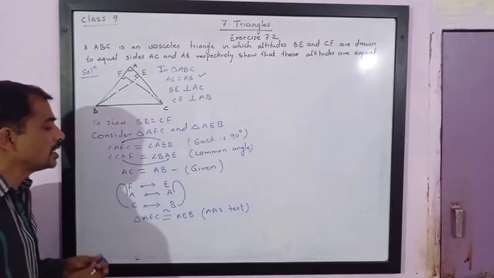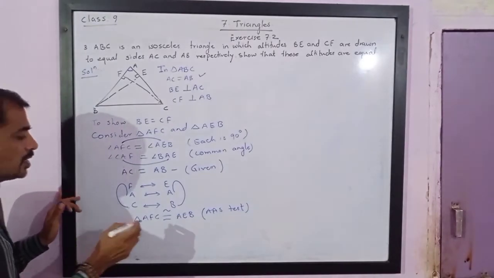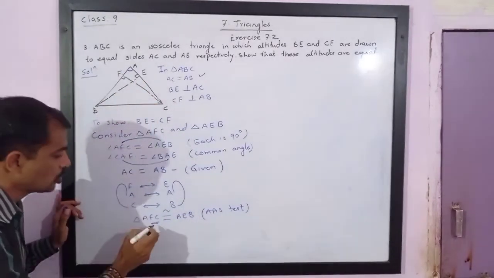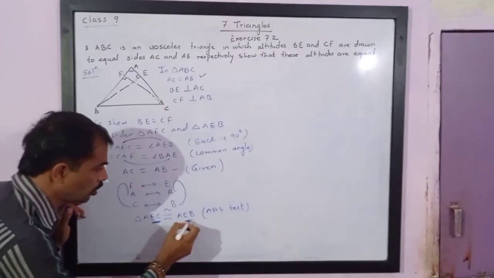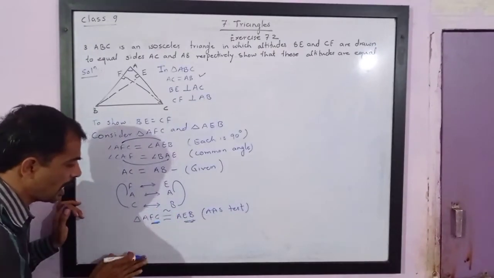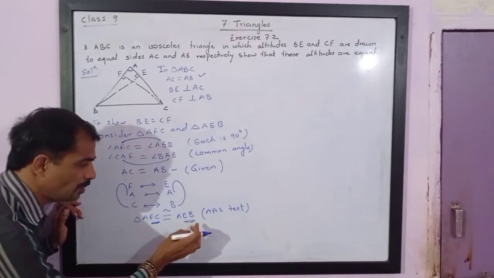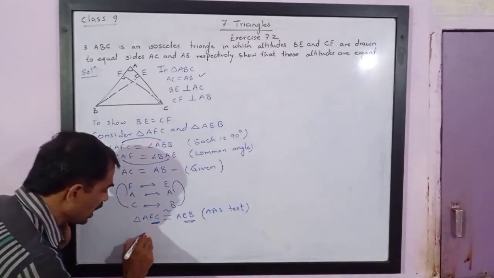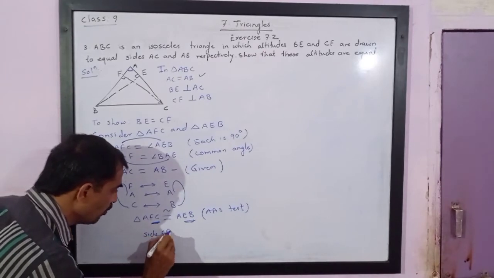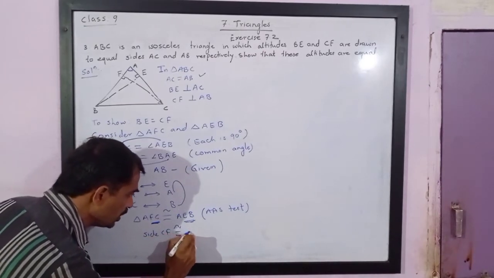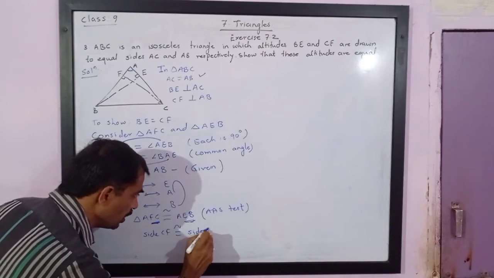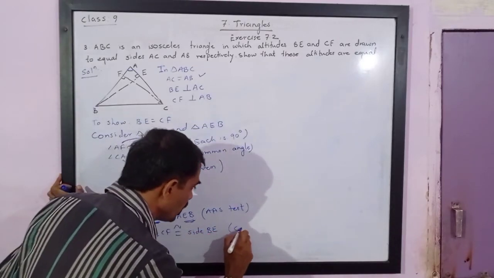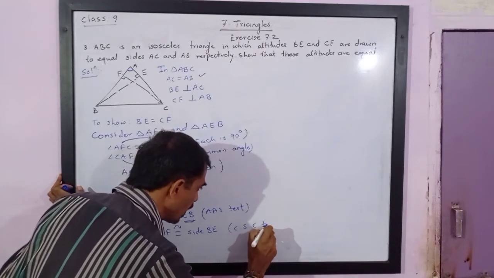So here it means the side formed by second and third vertex, because we need this altitude. So CF is equal to BE. The side formed by third and second vertex must be equal to the side formed by third and second vertex. It means side CF is congruent to side BE, and the reason is corresponding sides of congruent triangles.